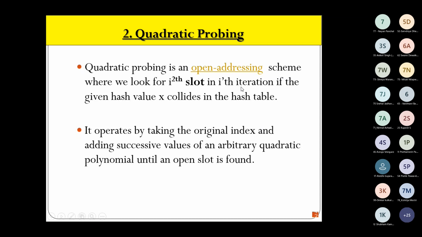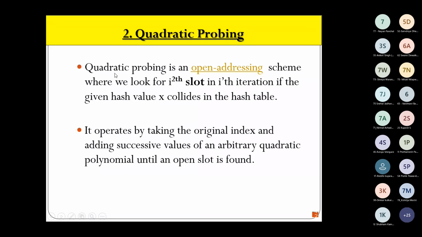So quadratic probing is an open addressing technique. Open addressing means closed hashing. Closed hashing means address space is limited. Is the address space limited or unlimited? Limited.